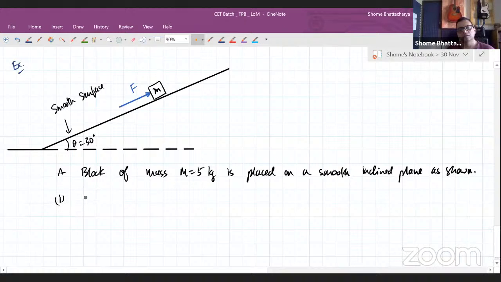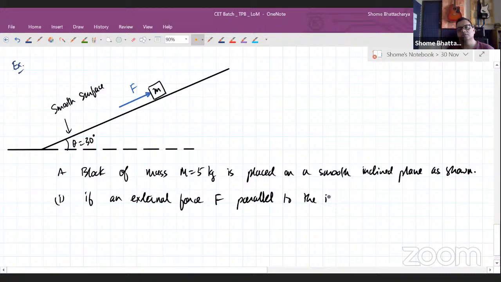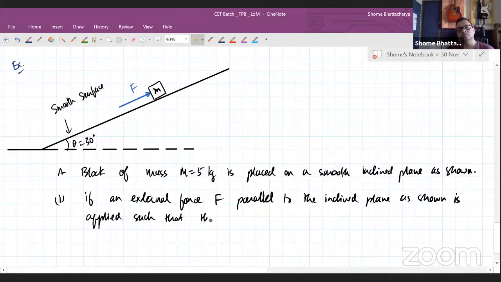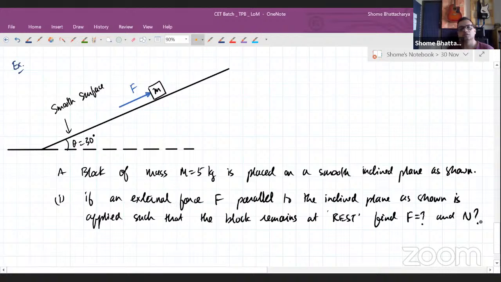The first part: if an external force F parallel to the inclined plane as shown in the diagram is applied such that the block remains at rest, find F and normal reaction. Take g as 10 meters per second square.